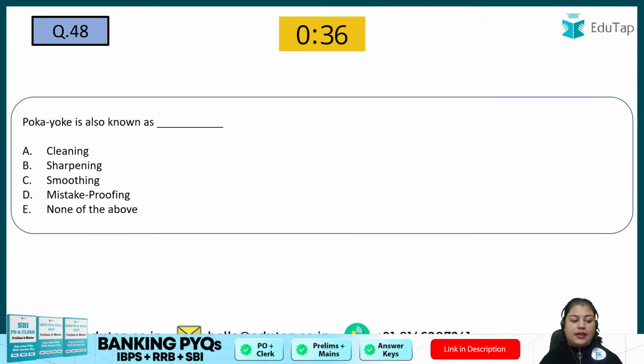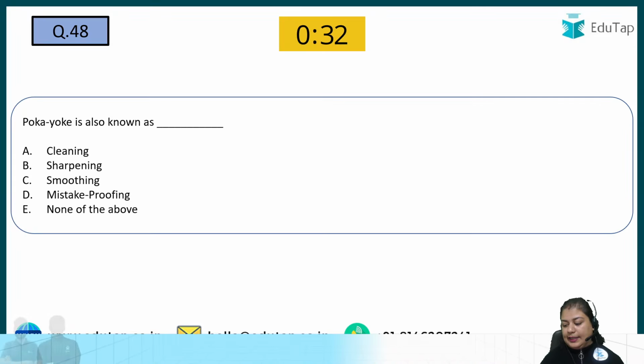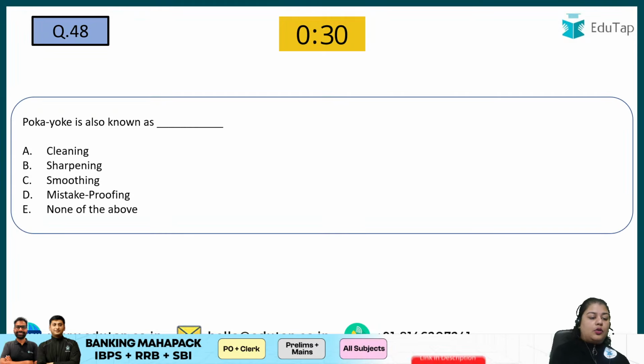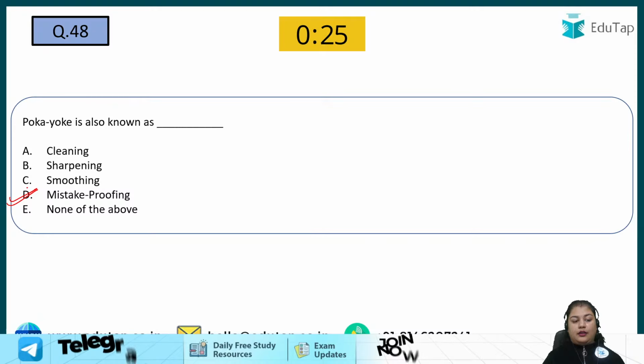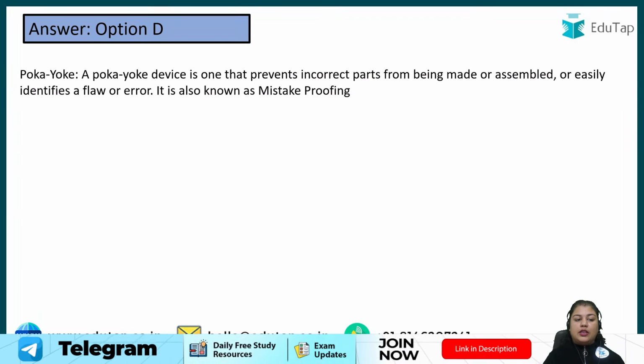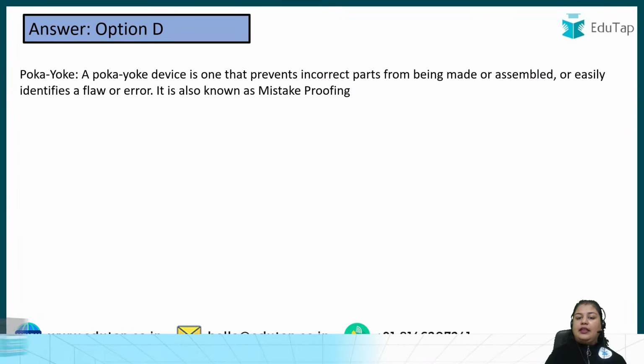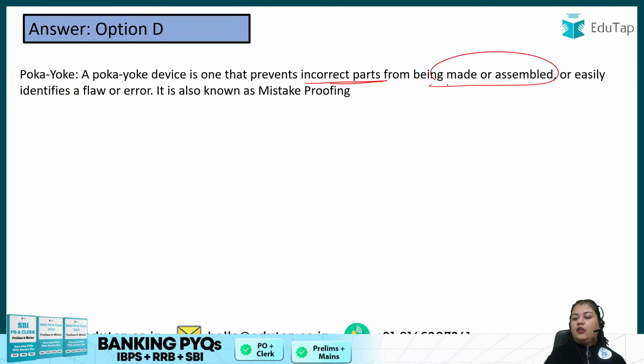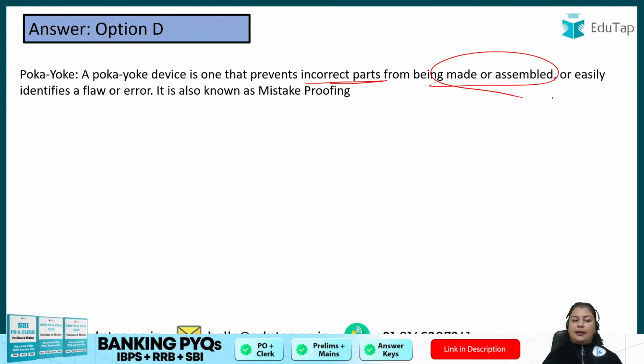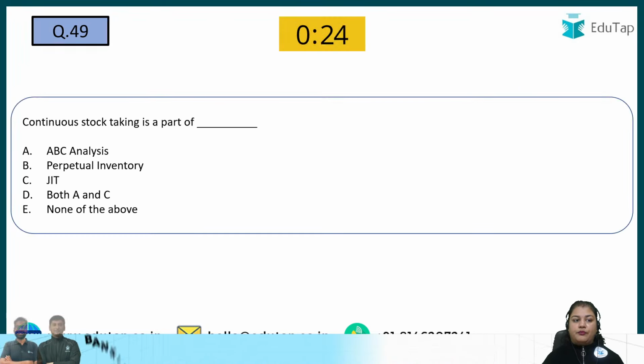Yes, excellent, Himanshu. You're the first one to answer. That is D, mistake proofing. Poka-yoke is a device that prevents any incorrect parts from being made or assembled. Basically it helps us to identify any flaw or error. It is known as mistake proofing.